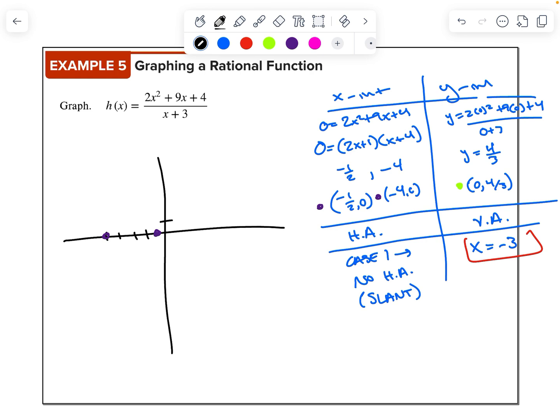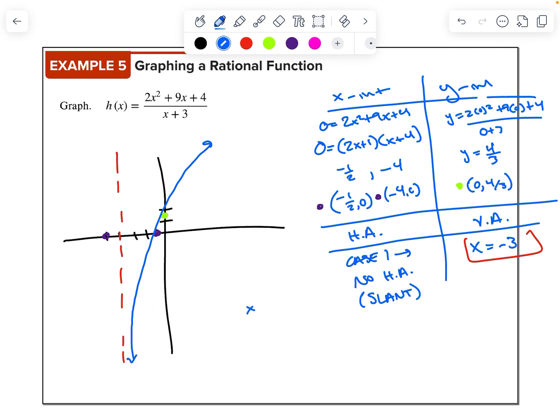The point 0, 4 over 3, which is like 1.33. And we have a vertical asymptote at x equals -3, so it's not going to cross that line right there. And I do have something in every region, but it would be helpful if I had a little bit more in that left region. At least in the right region, I have 2 points, and I can tell if it chases that it's going to be going that way, right?